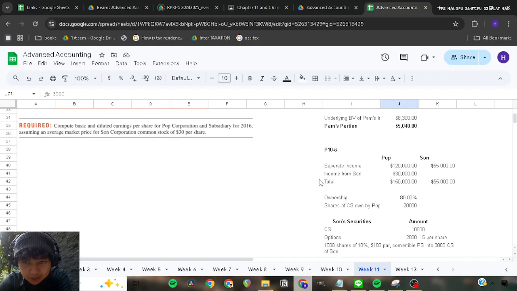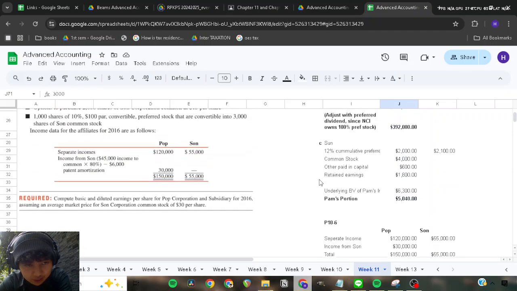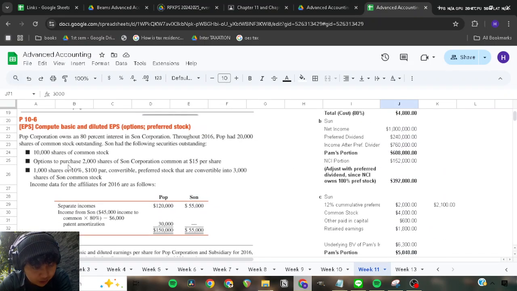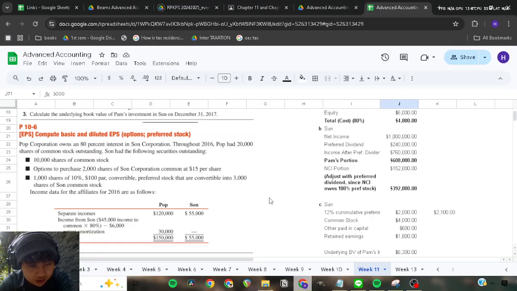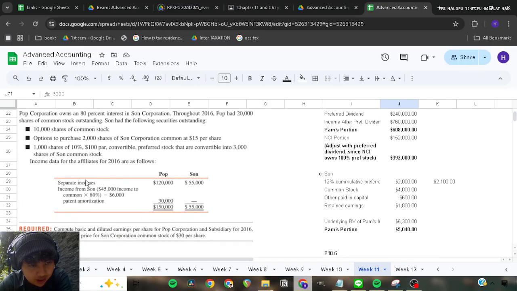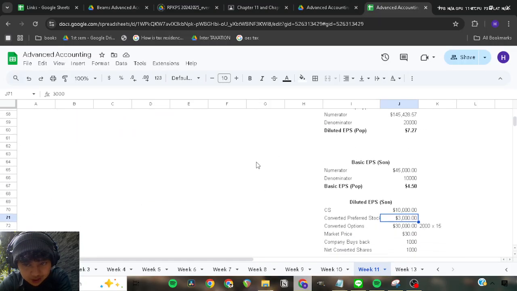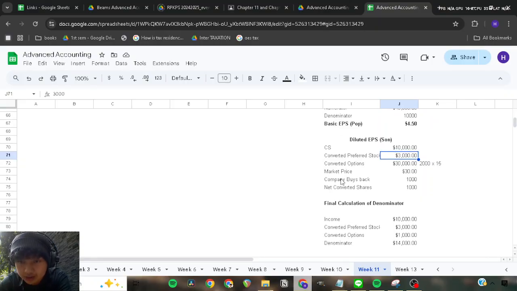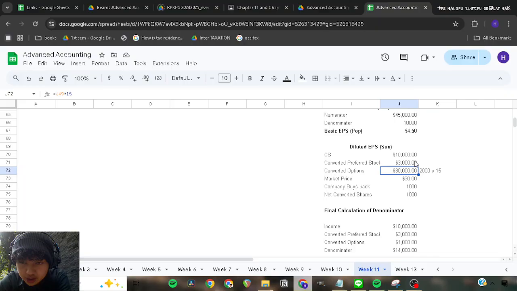All of these are provided in the case. The 3,000, this one, 3,000 shares. They are convertible into 3,000 shares. So assume it's converted, we're gonna add 3,000. And there's also an option, which is the amount is 30,000 because it's 2,000 shares for $15.